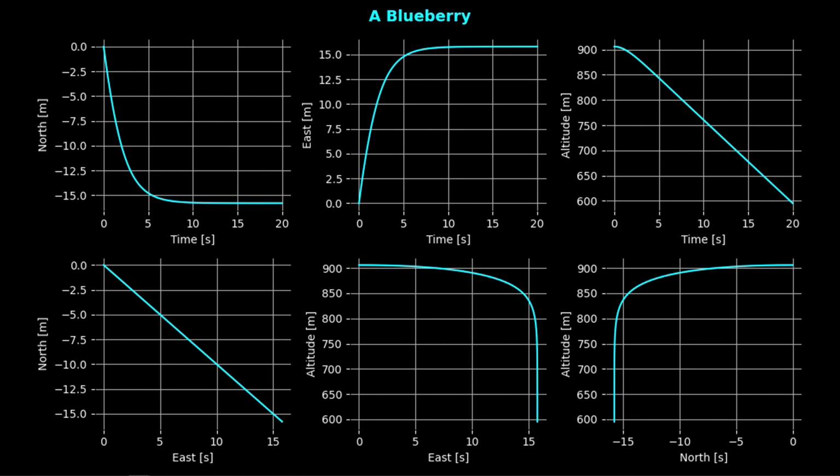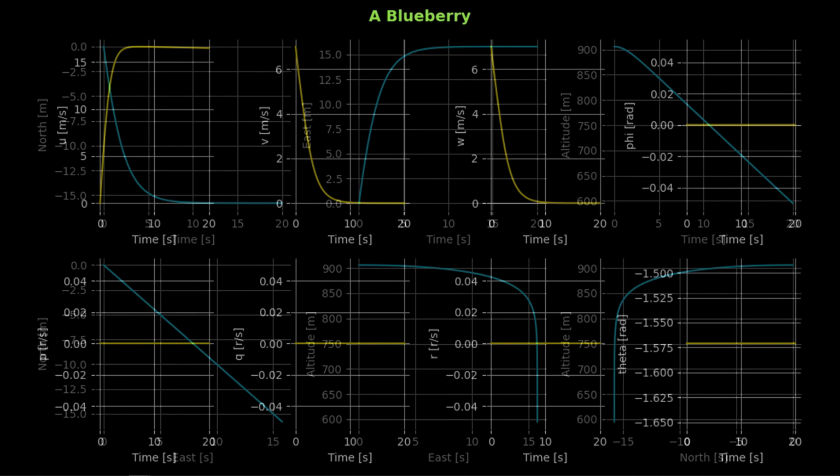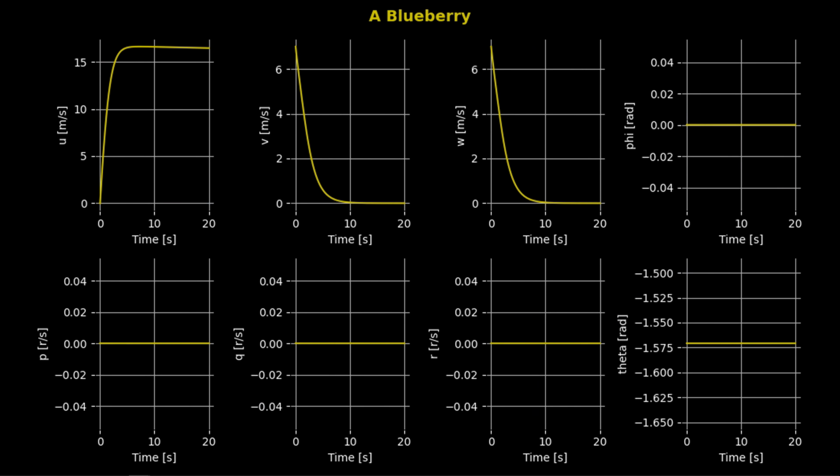We observe the blueberry travels about 16 meters before drag fully dissipates its horizontal motion. We observe the same velocity profile in the u-velocity direction due to the interchange between drag and gravity. And in the body YZ plane, we observe velocity components v and w decay to zero due to drag arresting the horizontal motion. This is consistent with our expectations.